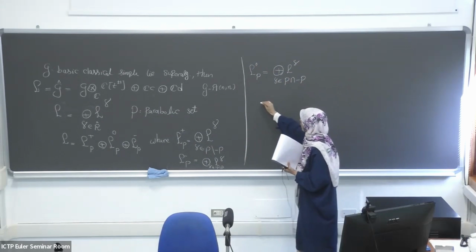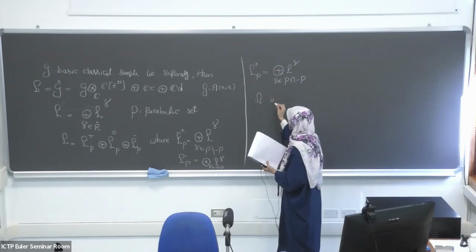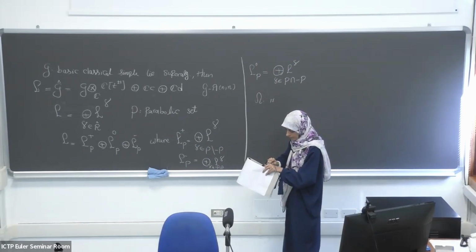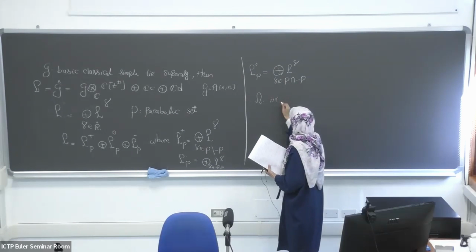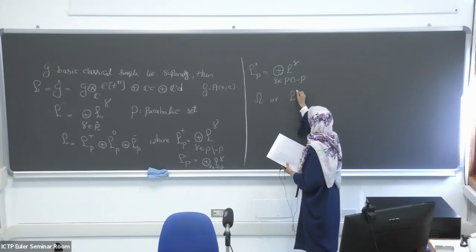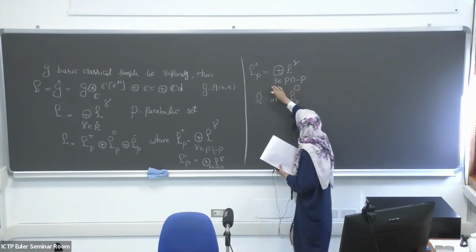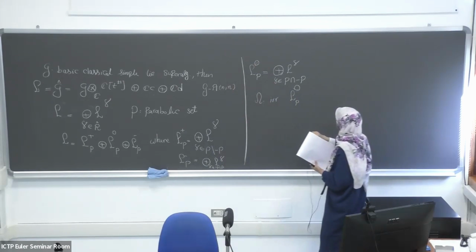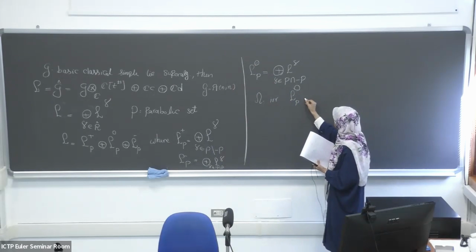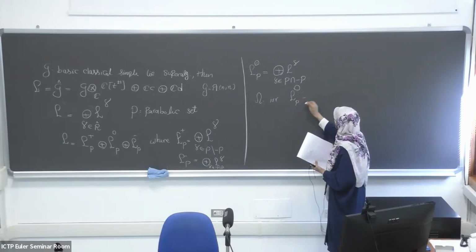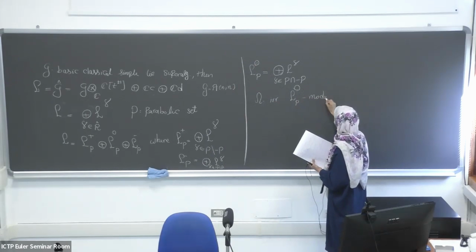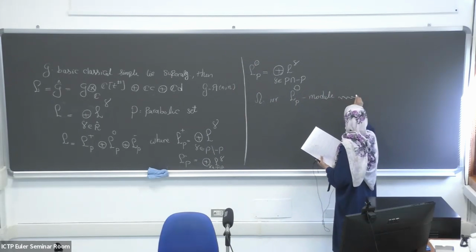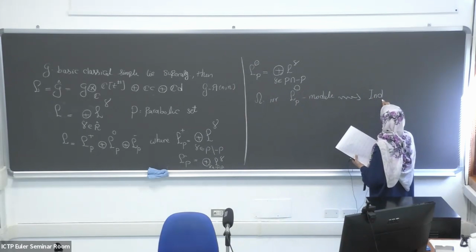And if omega is an irreducible L null P module, sorry, it is null, not zero, then we constructed a module like this.